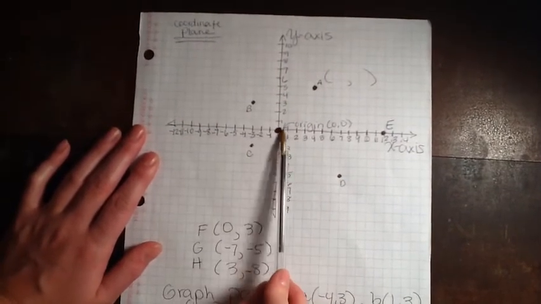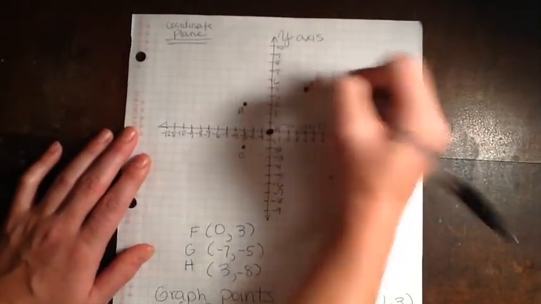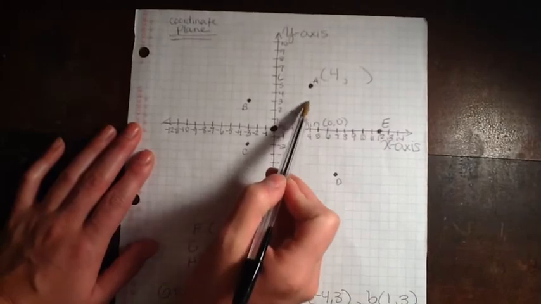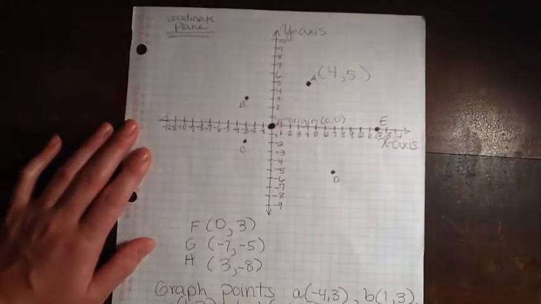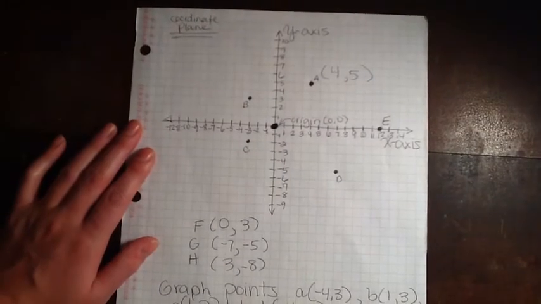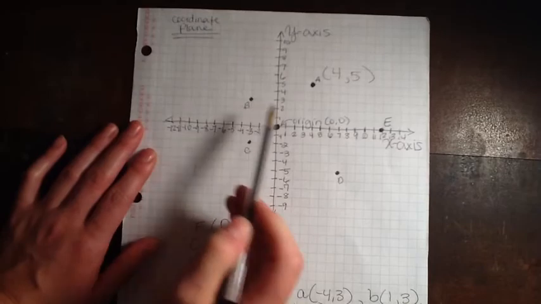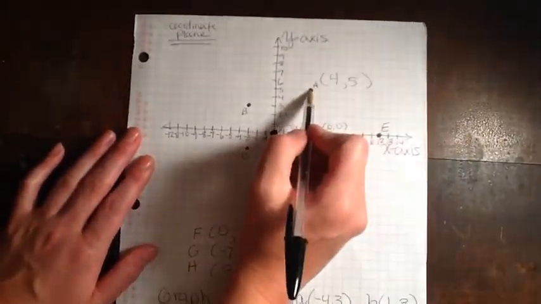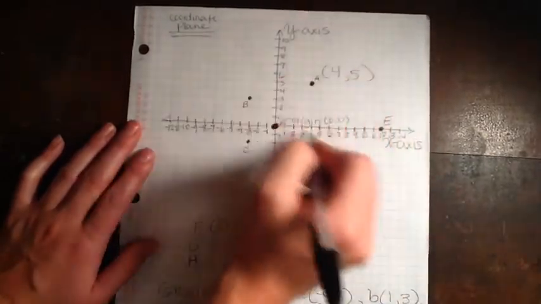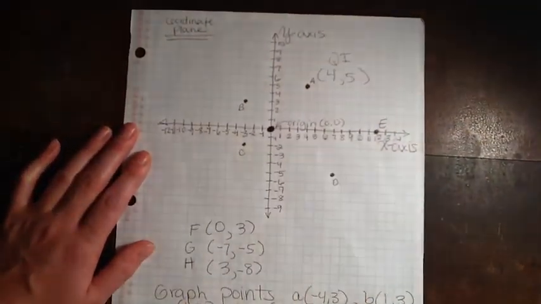I have to go over to 4, which means I have a positive 4, and I had to go up to 5, which gives me a positive 5. So 4, 5, that is our ordered pair. Also, I wanted to let you know that point A is in quadrant 1 because both the x and y values are positive.